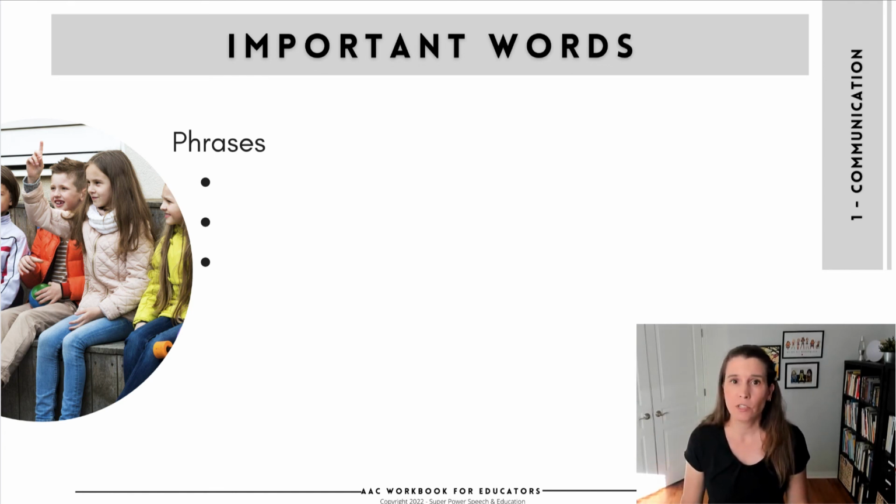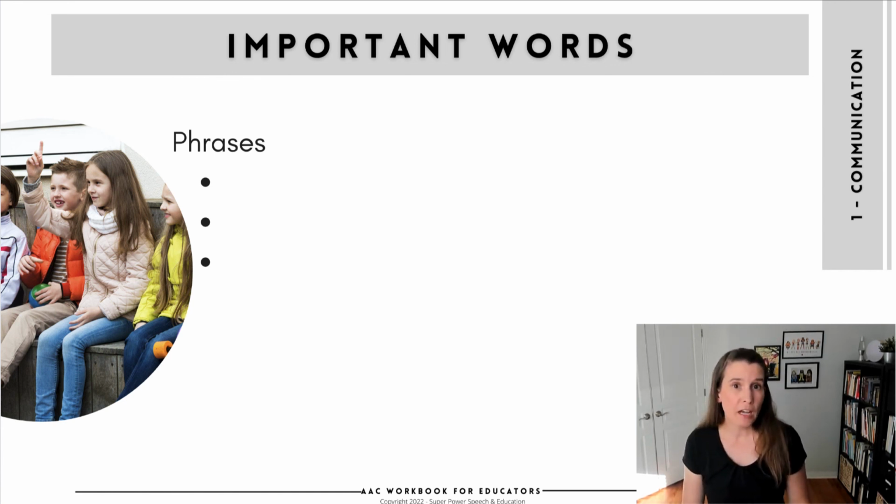Good examples of this are, I have to go to the bathroom. Right? That's an important one. Or I'm hungry, right? So we're looking at full phrases. It might be a social phrase like, how are you? Or good morning, Mrs. So-and-so. Those could be phrases as well. So think of the phrases that would be great to have in their communication device pre-programmed so they don't have to find every individual word.